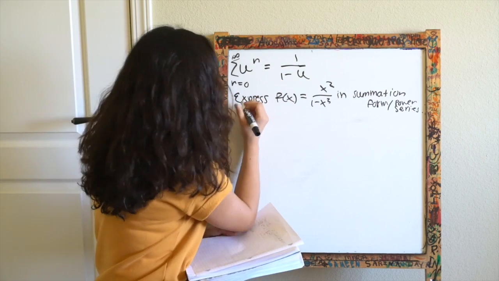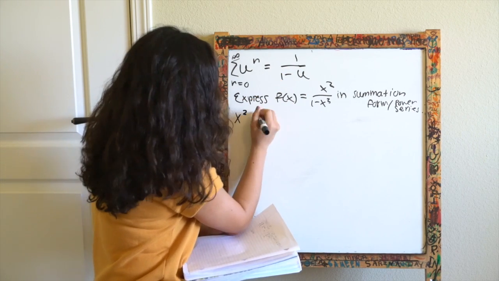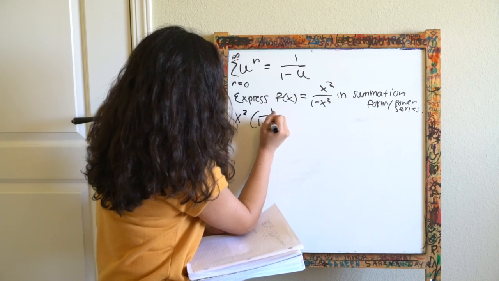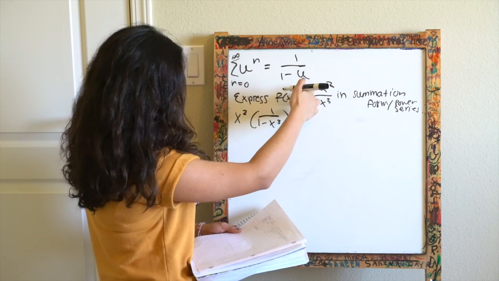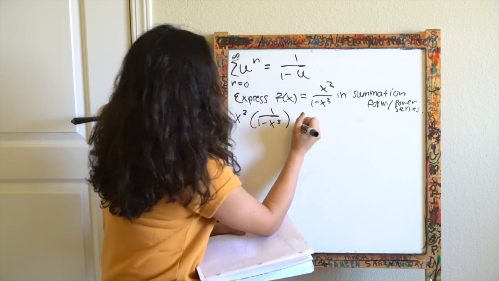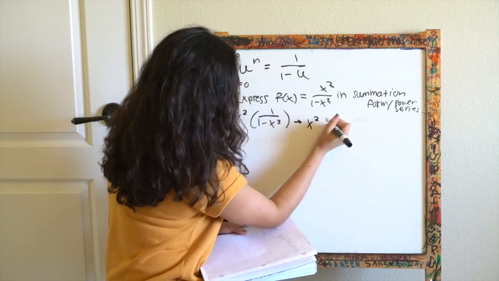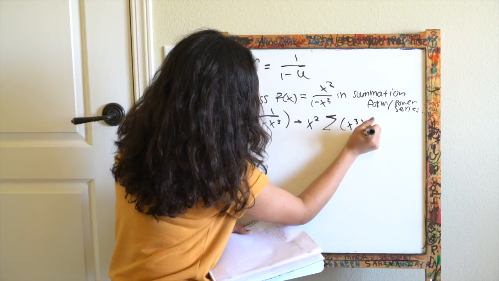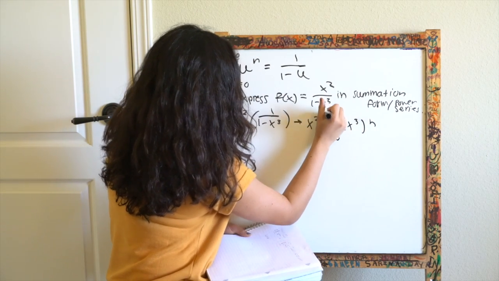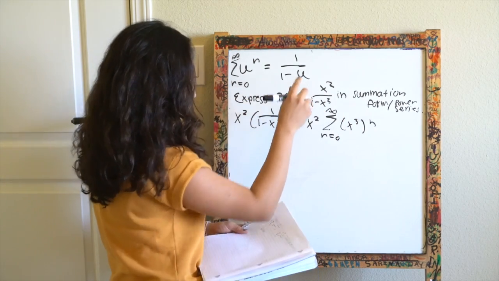So the first thing we can do is factor out an x squared to make it 1 over 1 minus x cubed. And as you can see, it looks very similar to this function. So we can leave the x squared out of the summation form and put x cubed to the n as our summation, since the x cubed here matches the u here.